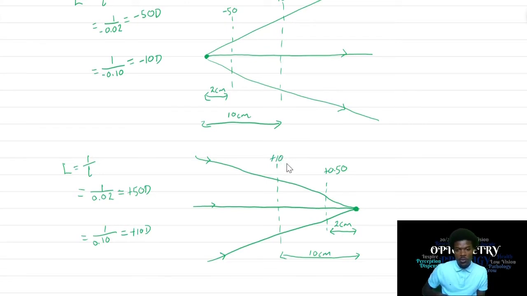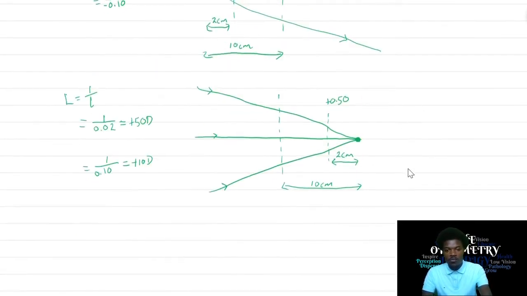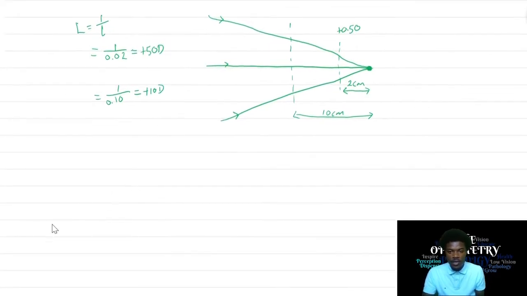And one thing also we should look at in terms of vergence, there's something we also call the vergence relationship. It's a simple formula as well. The formula is L, or object vergence, plus the power of a surface, or surface power, is equal to the vergence of the image.